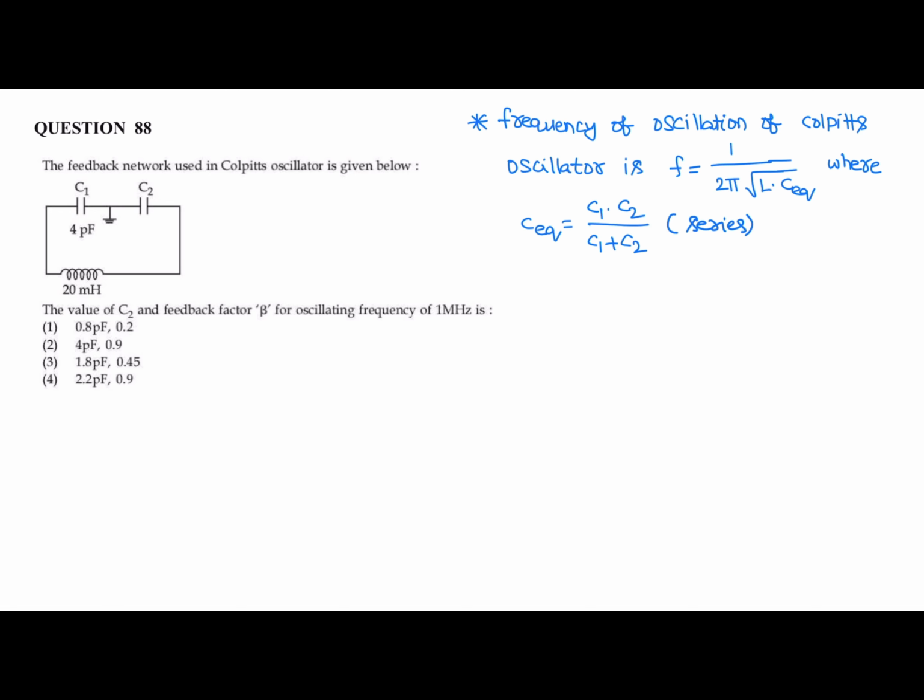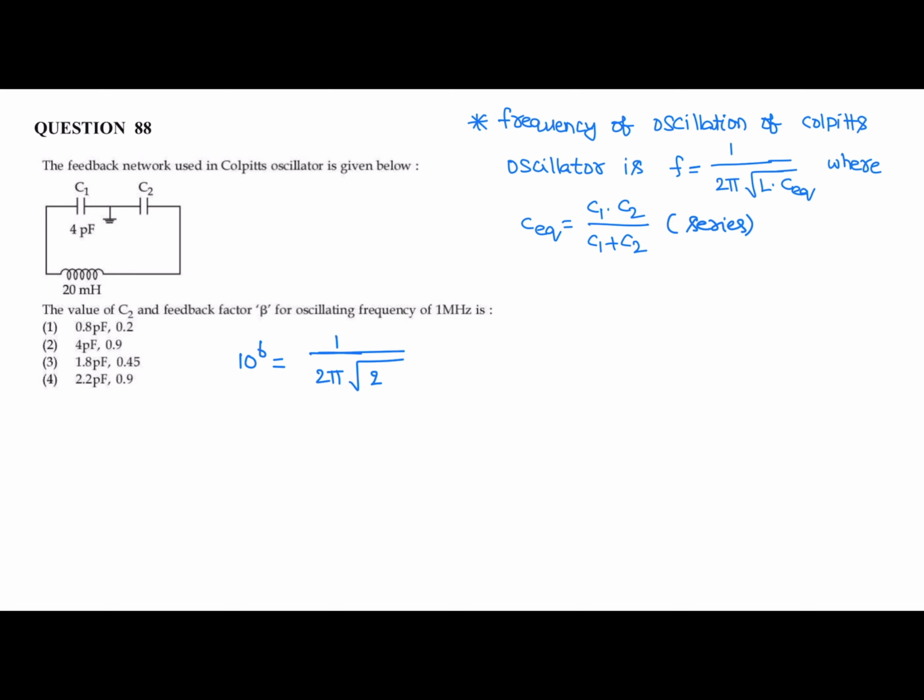Now, in the question, the frequency of oscillation is given, that is 1 megahertz. 10 power 6 is equal to 1 by 2 pi square root of L into C equivalent.